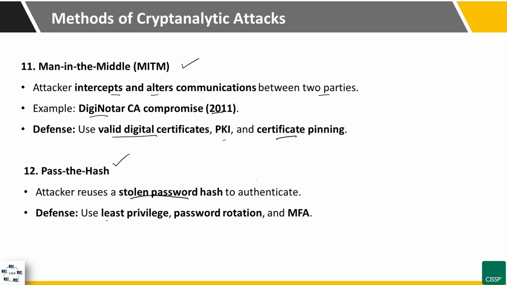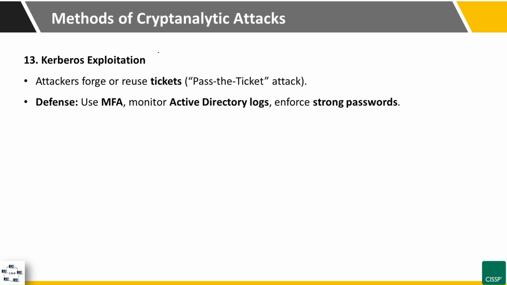And defense is to use least privilege, password rotation, and multi-factor authentication. Number 13 is Kerberos exploitation, where attackers forge or reuse tickets, known as pass the ticket attacks. And defense is to use multi-factor authentication, monitor Active Directory logs, and enforce strong passwords.